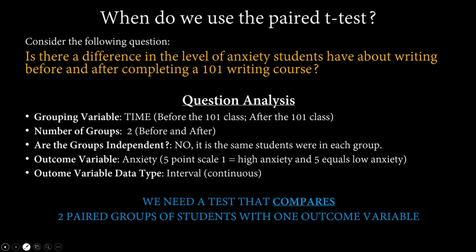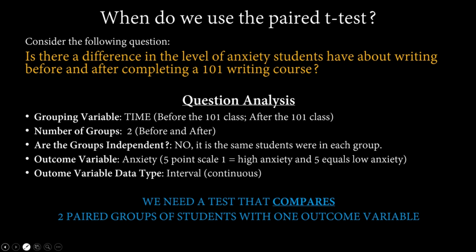In this particular case, the answer is no, they're not independent, because the definition of being dependent is that the same students were in each group. The same participant gave the first measurement as the second measurement. Therefore, they're paired. We're pairing the two measures. In a minute, I'll show you what this means in a more schematic way.